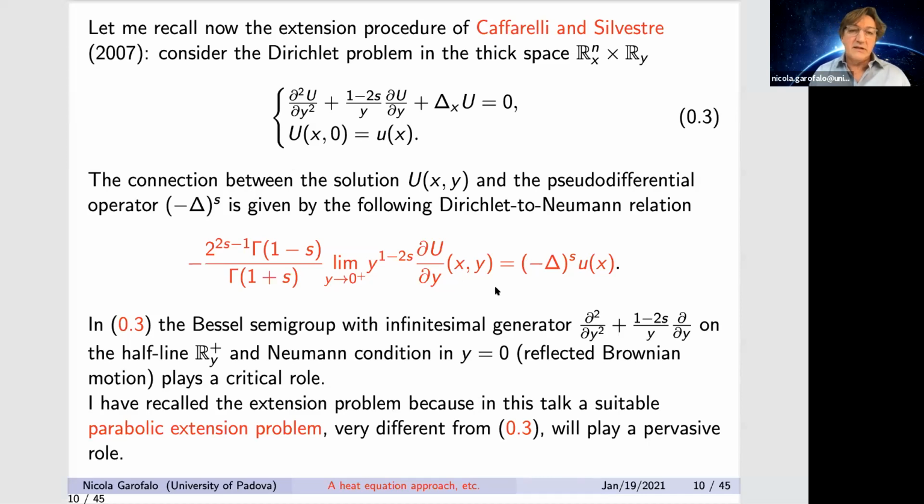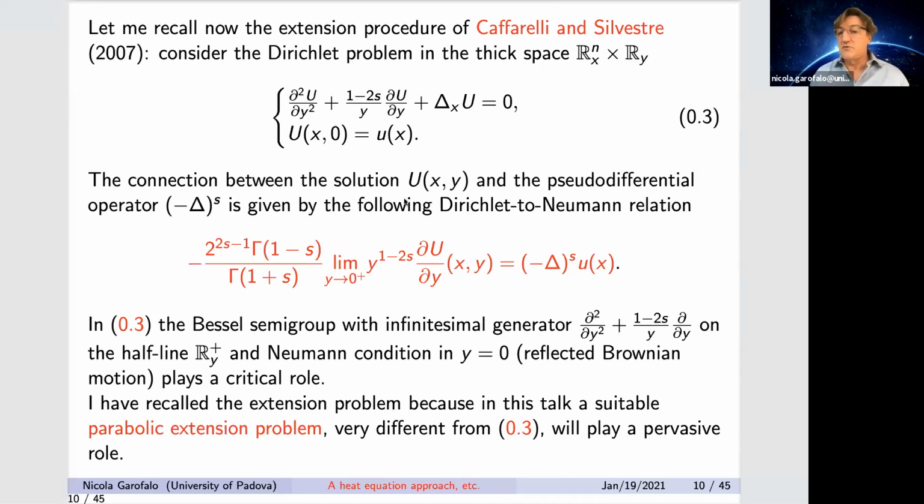You see that in this problem, the Bessel semigroup, which is this part of the operator, which has infinitesimal generator, this part of the operator plays a very critical role. You have the Bessel semigroup with the Neumann condition 0 at y equal to 0.